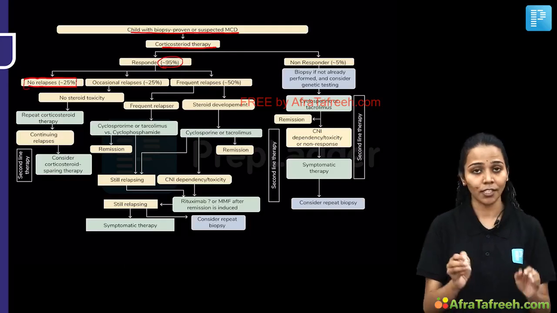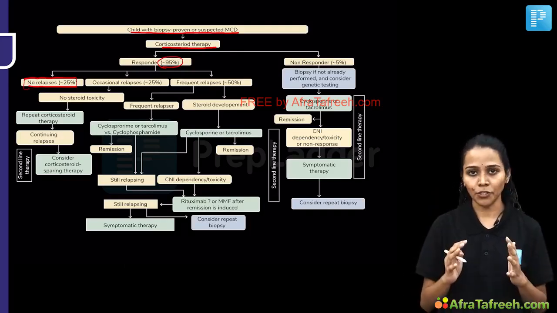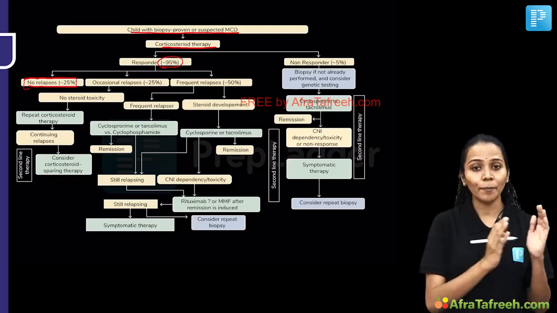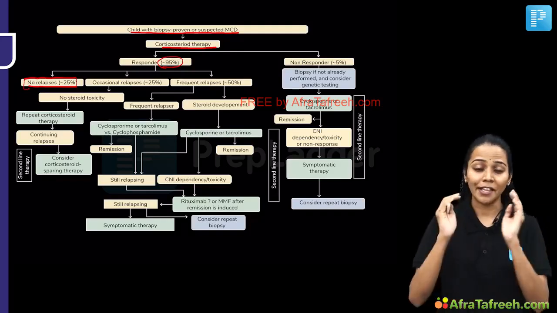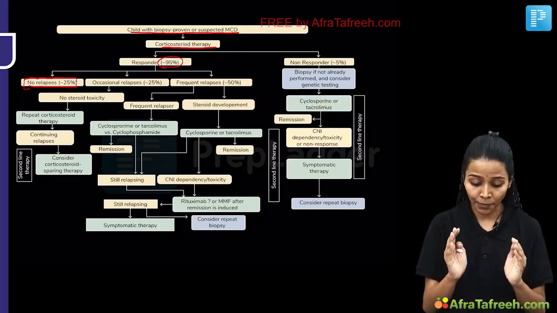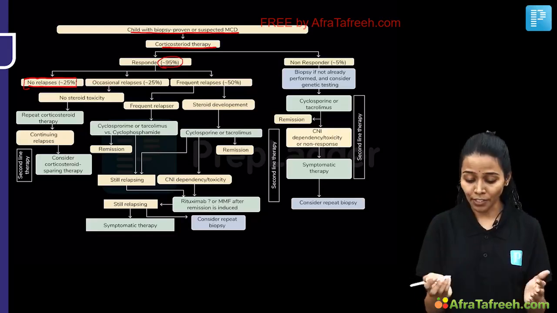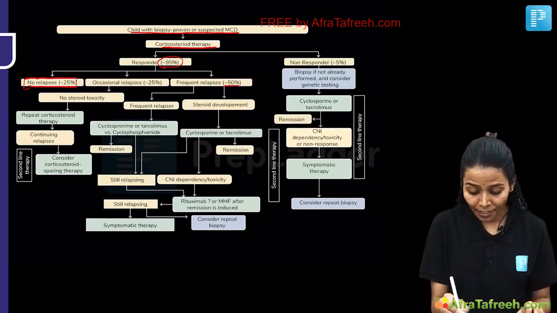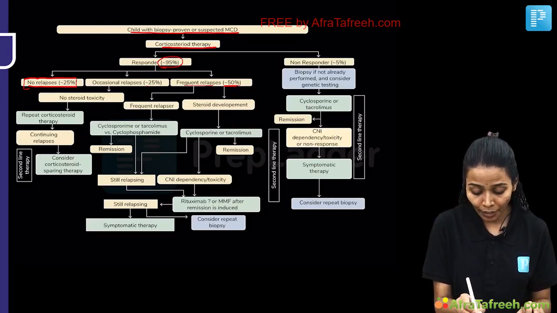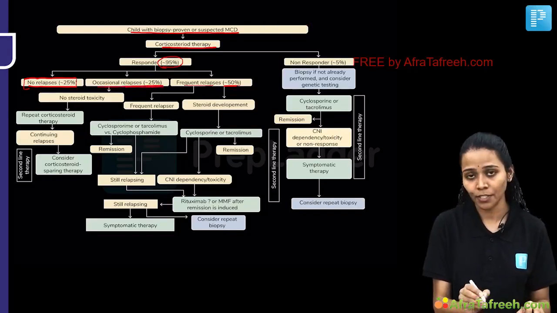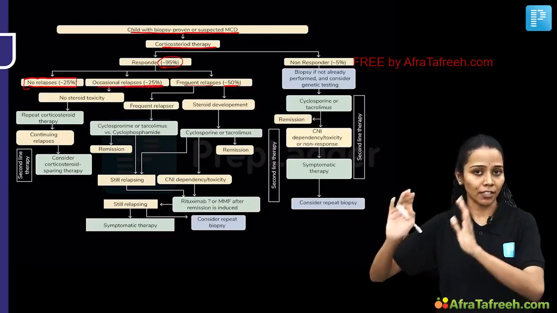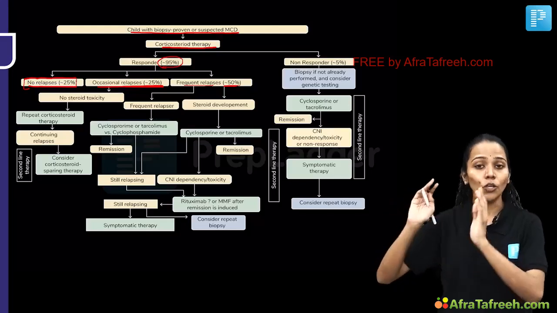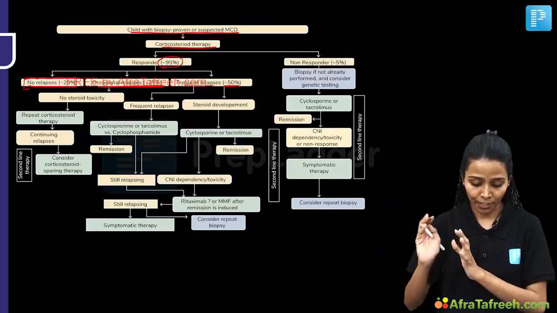So among the children, 95% achieve remission, but only 25% stay without relapsing. 75% are going to relapse, and in that 75%, 50% are frequently relapsing and only 25% are infrequently relapsing. So the majority of children, that is 50%, go into frequently relapsing.